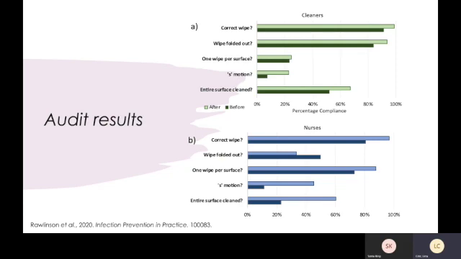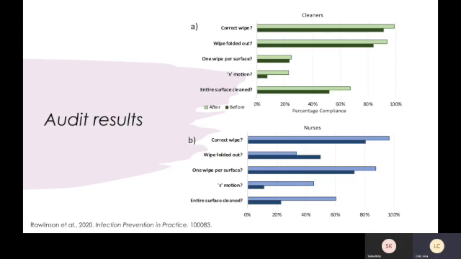So here we have the results looking at the cleaners and the nurses separately, and looking at which bits they did well on and which bits they didn't do so well on. So on the whole, even before training, wipes were folded out pretty well and the correct wipe was generally used.